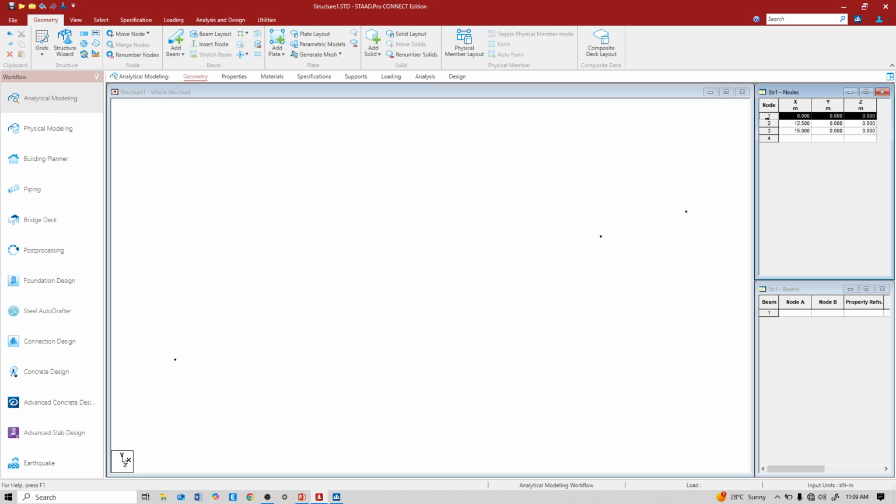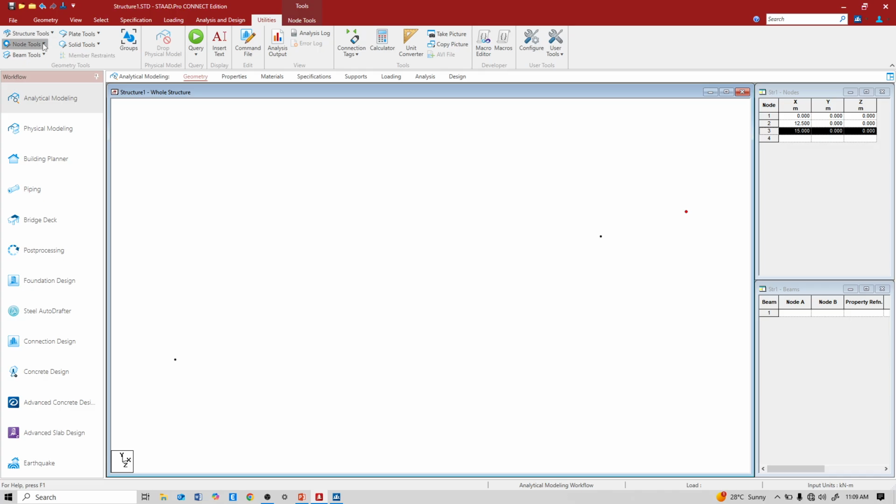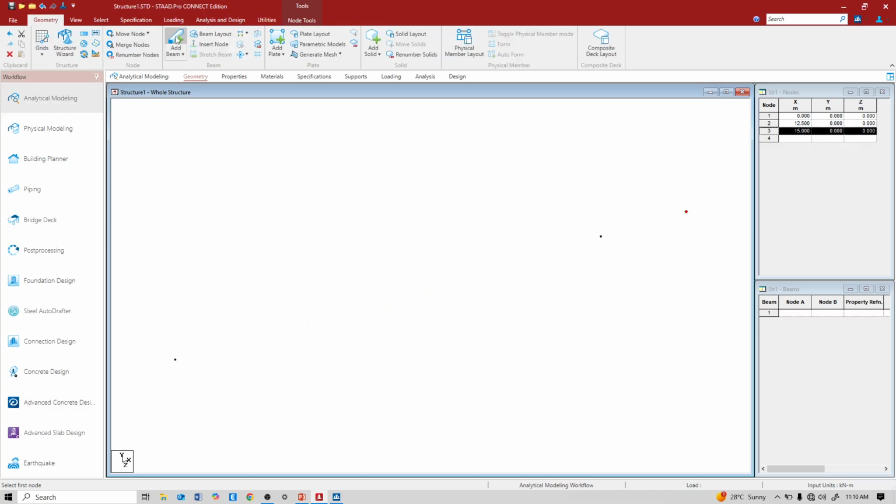From node 0, the second node is 12.5 and the third node is 12.5. That means the total distance is, see, utilities, node tools, node to node distance, total distance is 15 meter. So go to geometry, add beam, give beam.